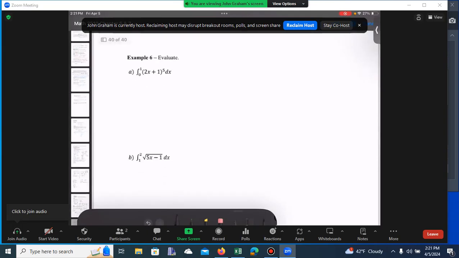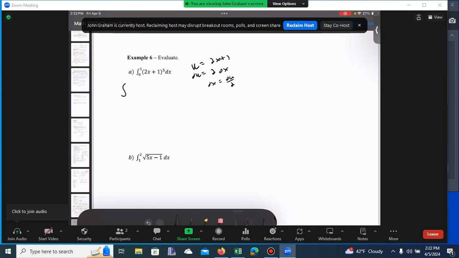So we'll do a couple more. I'll do one of each here. So u equals 2x plus 1. du equals 2 dx. We don't have a 2, so we have to solve for dx as du over 2.